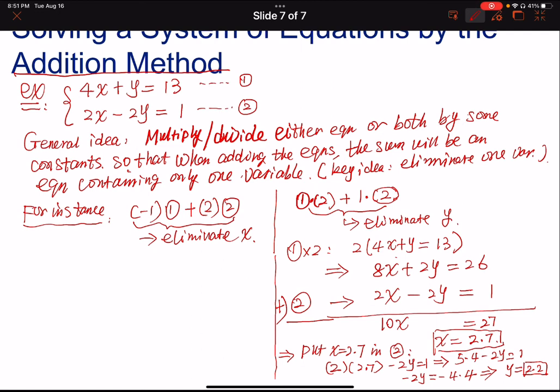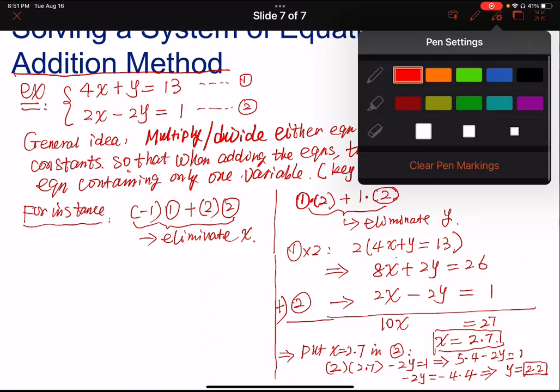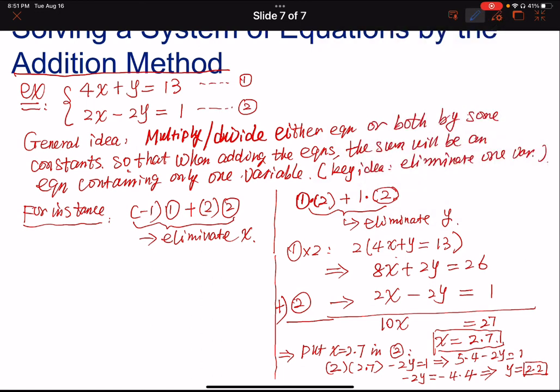So let me change the color to blue. I'm going to multiply the first equation by -1 and the second equation by 2 and then add them up. The first equation multiplied by -1, meaning basically you change the sign of every term. So that's minus 4x minus y equals minus 13. Then you multiply the second equation by 2.